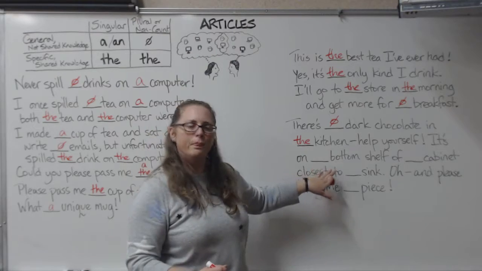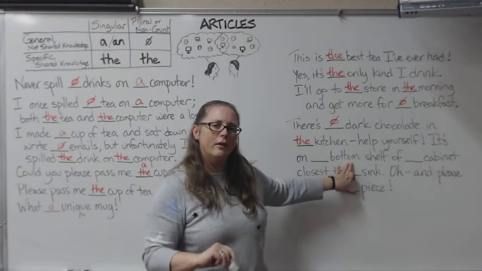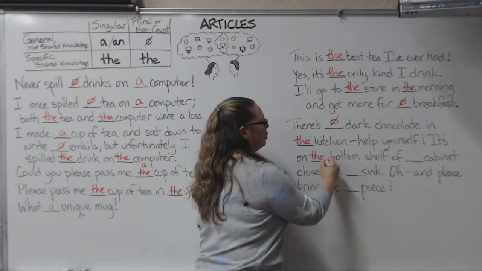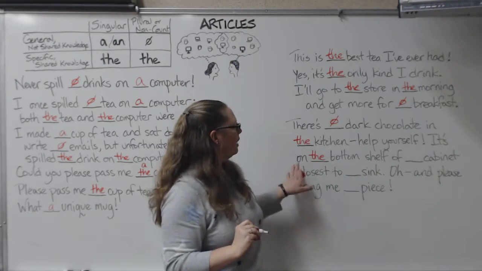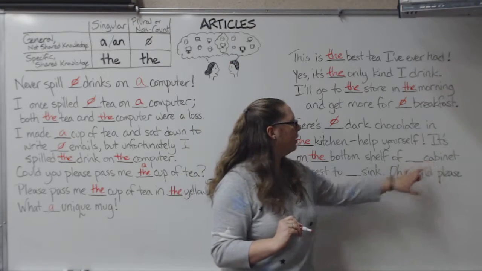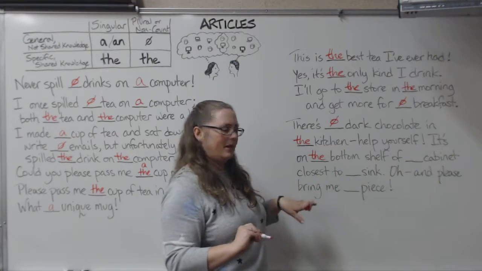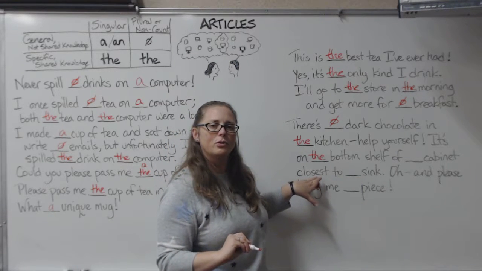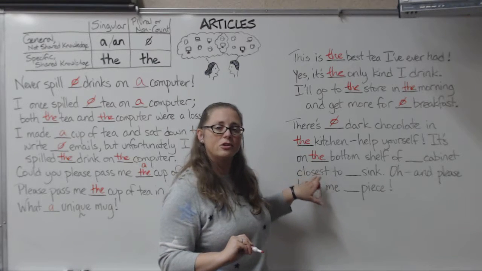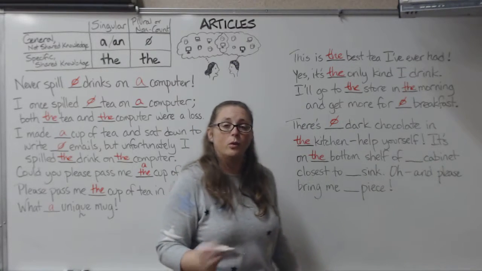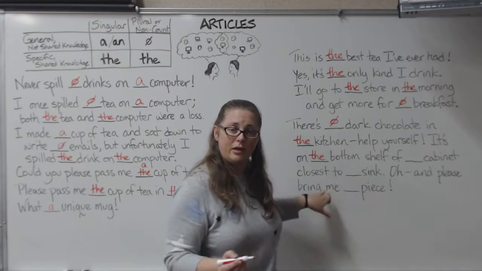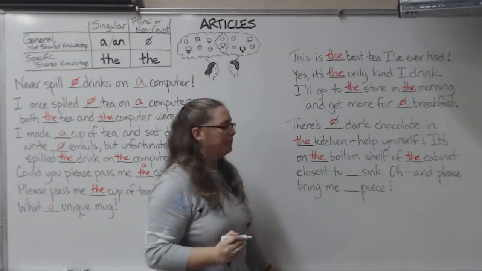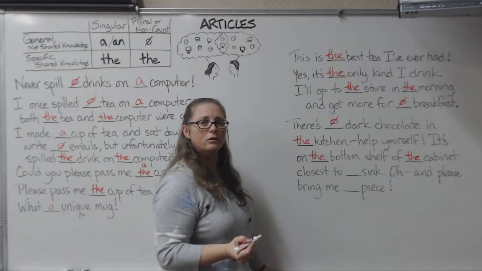It's on the bottom shelf. There's only one bottom shelf. If it is unique, if there's only one, use "the." It's on the bottom shelf of the cabinet, which has this information after it. This is a reduced adjective clause that is describing the cabinet. Which cabinet? This cabinet. Specify the cabinet closest to the sink.